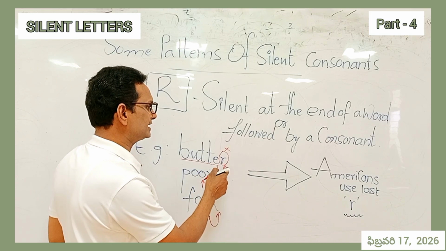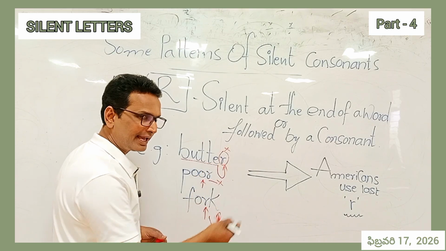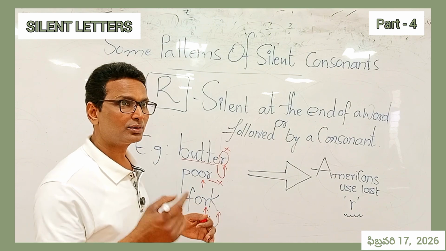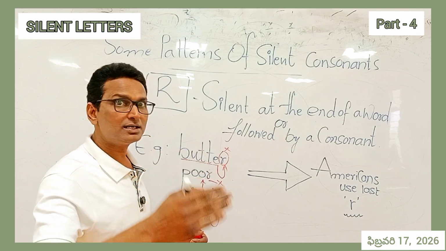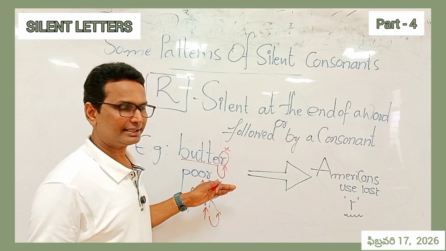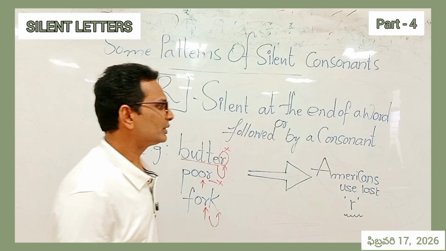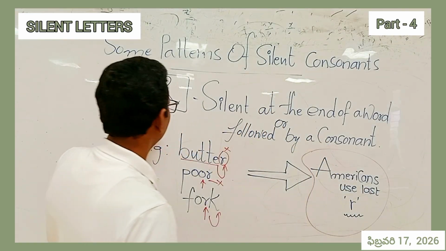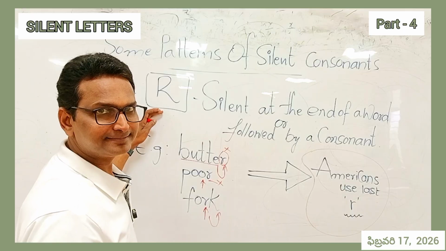But in America, they just use it. For Americans, it's okay to say 'butter' with the R sound. The R sound gets heard. It's audible. It doesn't become silent in American English.